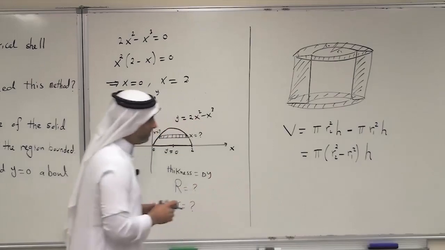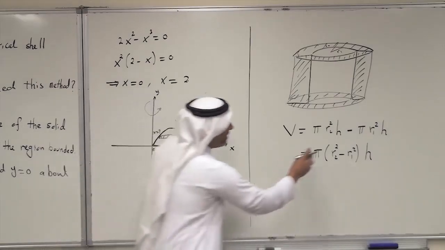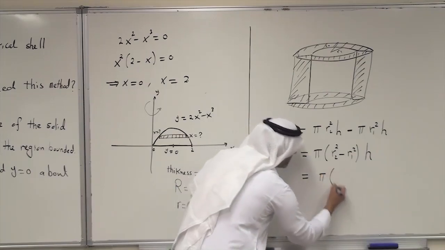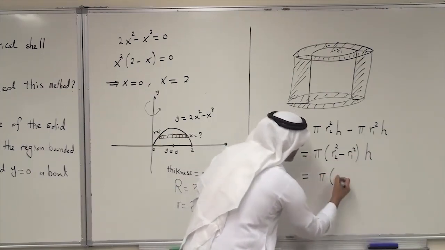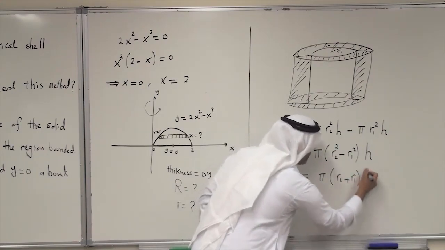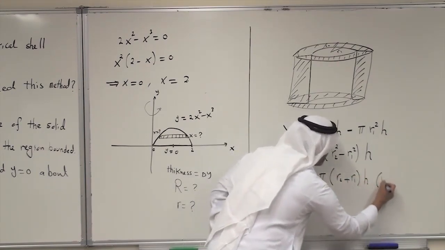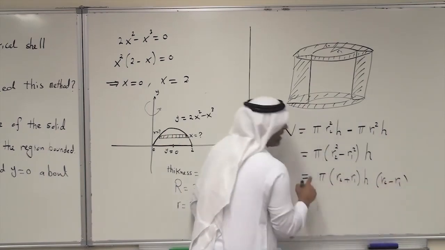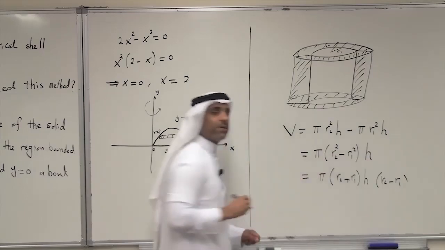Then I will modify this. Pi times, this is a difference of two squares, so I will say r2 plus r1 multiplied by h multiplied by r2 minus r1. So r2 minus r1 times r2 plus r1 gives us r2 squared minus r1 squared.